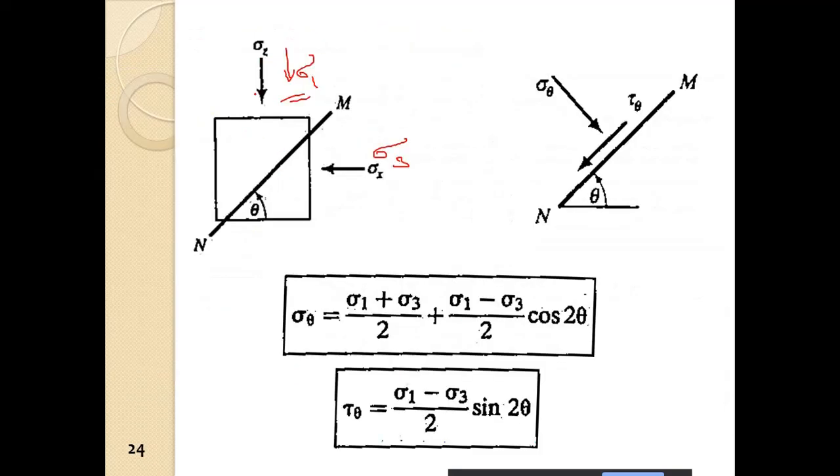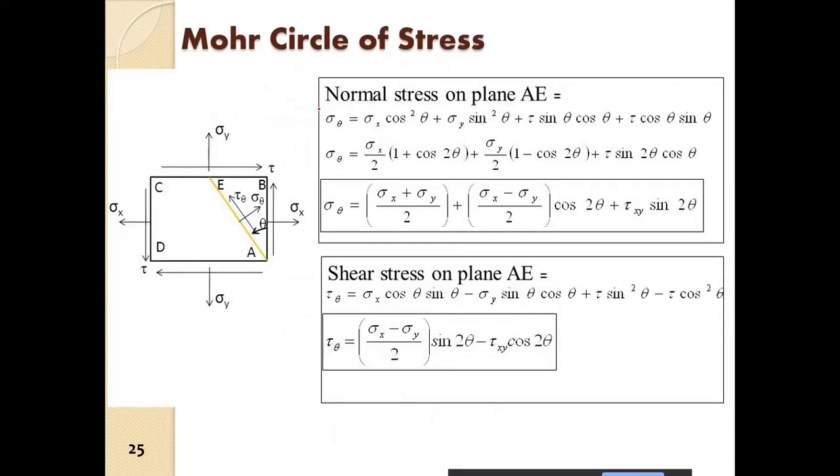Now here these are all principal planes. This is the major principal plane and this is the minor principal plane. Why principal planes? Because there are no shear stresses. If there is a shear stress on the plane where it is applied, then ultimately you will have a component from the shear stress on the plane of concern.